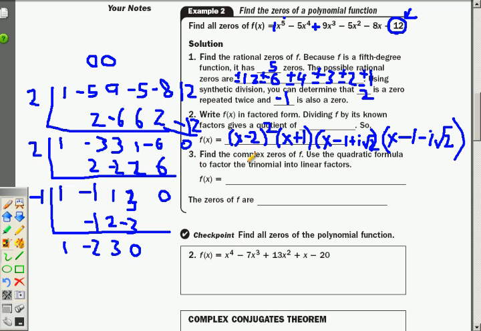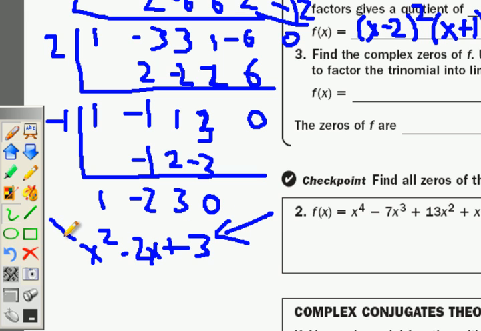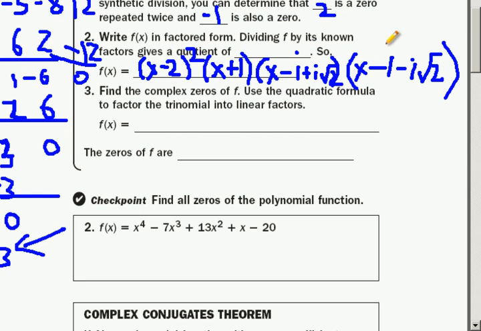And so after those first two factors were divided out, I found this other piece by factoring x squared minus 2x plus 3. Okay? And if I use the quadratic formula on that right there, you'll find these two answers right there.